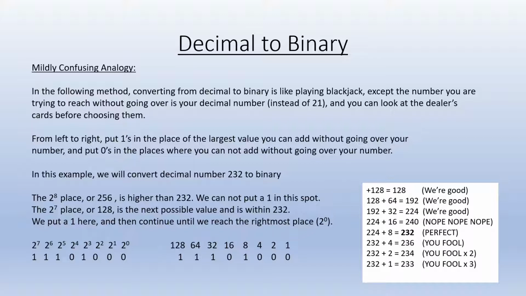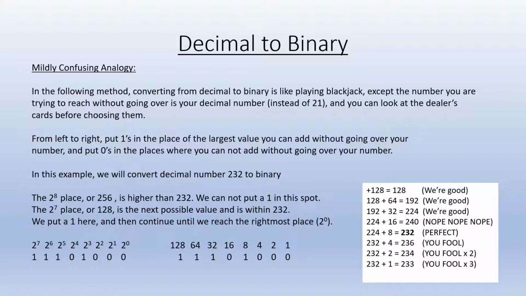We go to 2 to the 7th place, which represents the number 128, and it is the first possible value we could put within 232. So we put a 1 there, and then we need to do the same thing for each place after that.